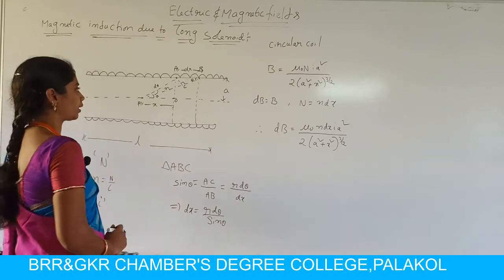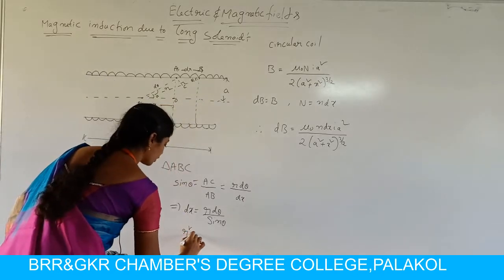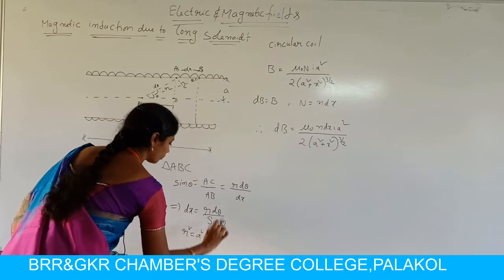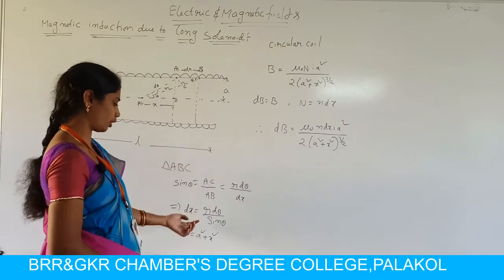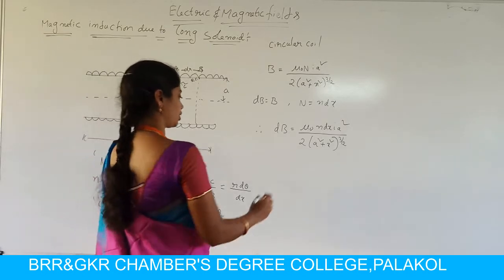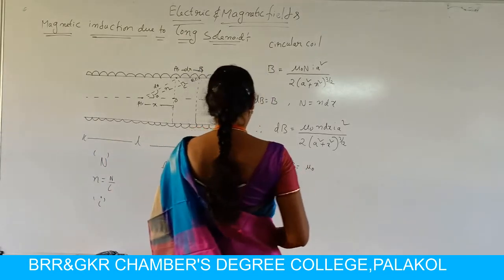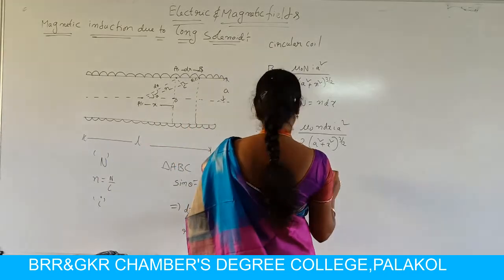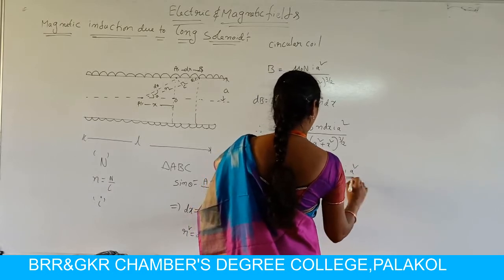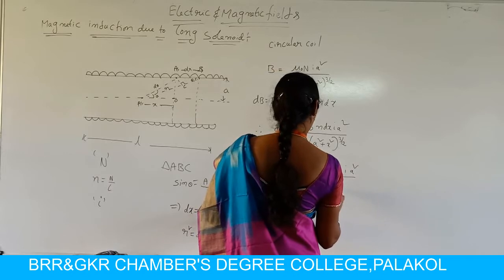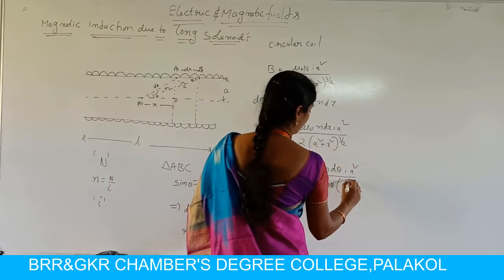And also from the diagram we can write that r square is equivalent to a square plus x square. By substituting a square plus x square equal to r square and dx equal to r d theta by sin theta in the above equation, dB is equivalent to mu naught n, with dx being r d theta, I a square by 2 into sin theta, and a square plus x square being r square, whole power 3 by 2.